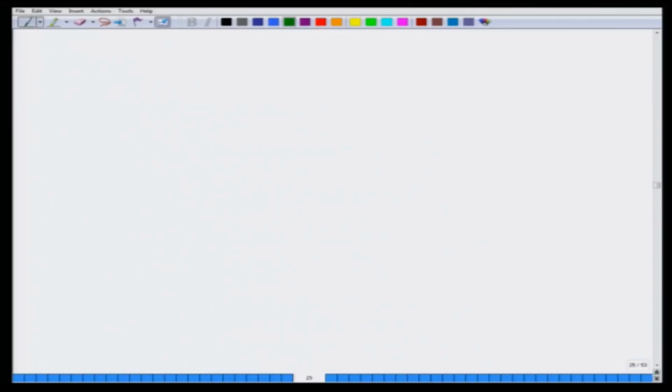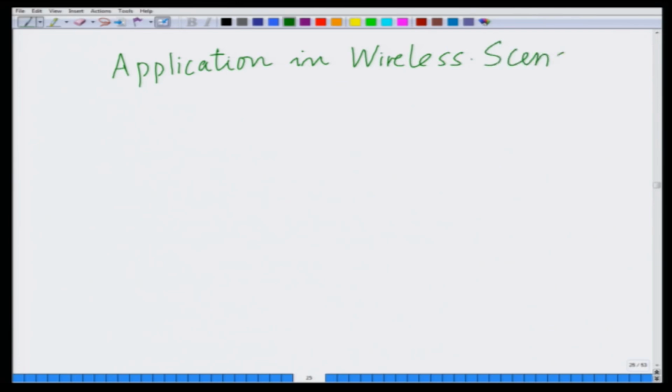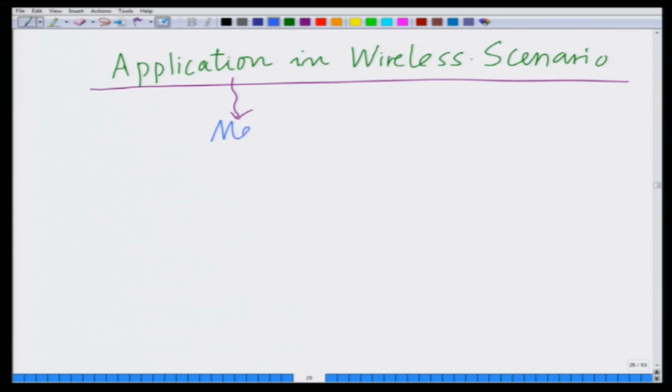Let us look at the application in a wireless scenario for these concepts, our mean and variance.